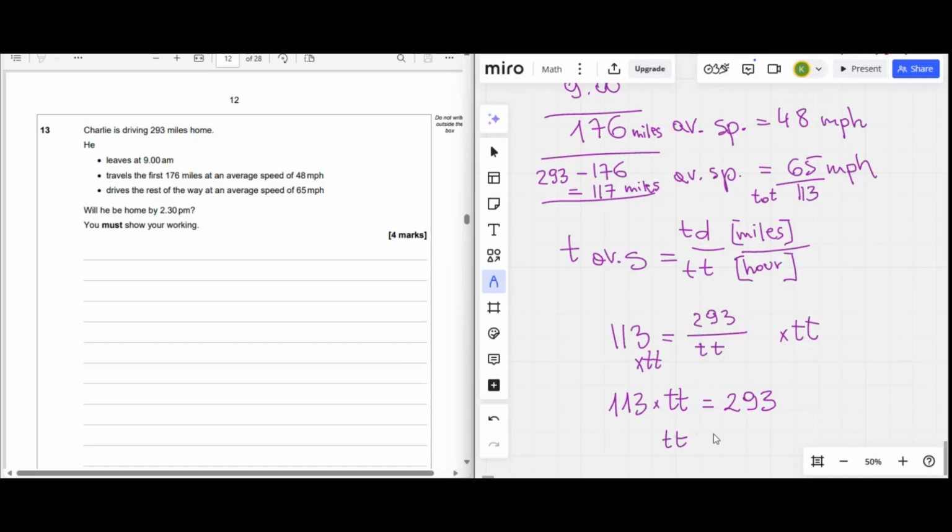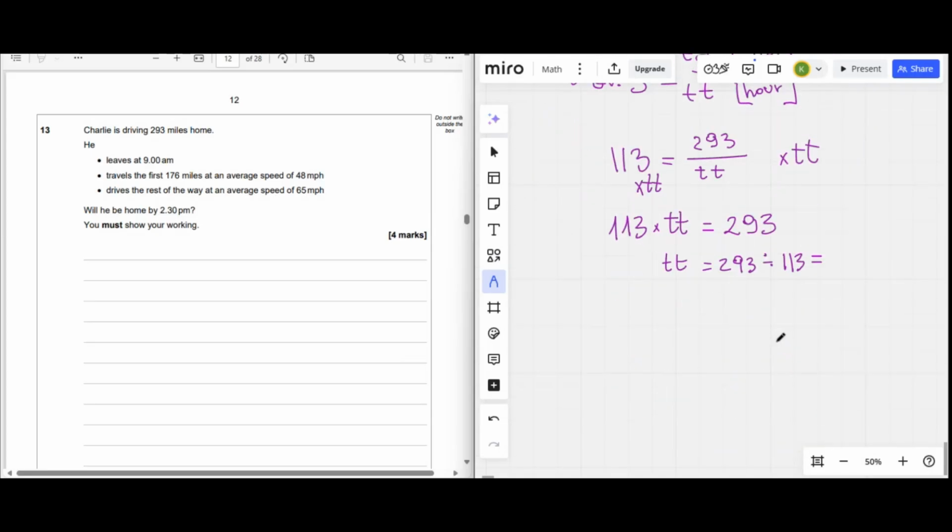So the total time is 293 divided by 113, which is 2.59 hours.